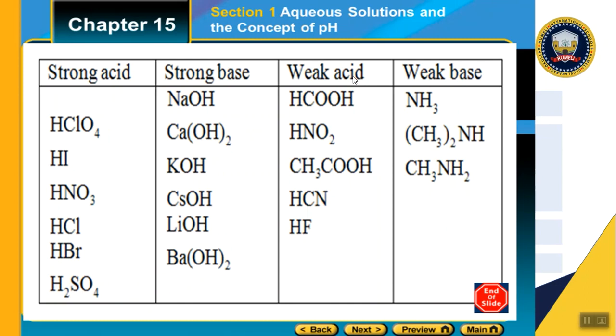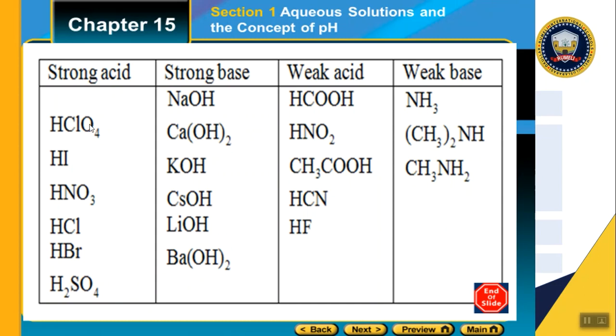And you understand that the weakness or strength of acids and bases is according to the degree of ionization in water. Now, weak bases like NH3, CH3NH2.